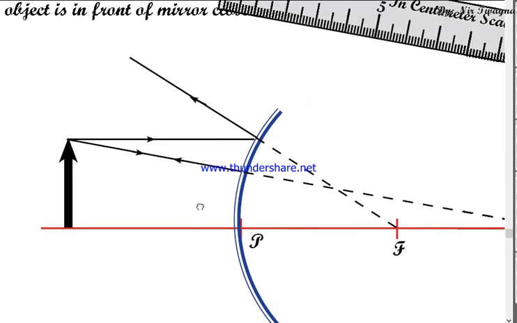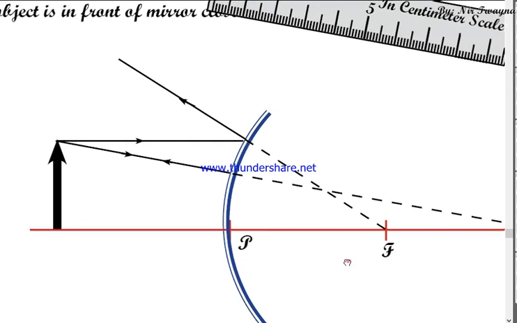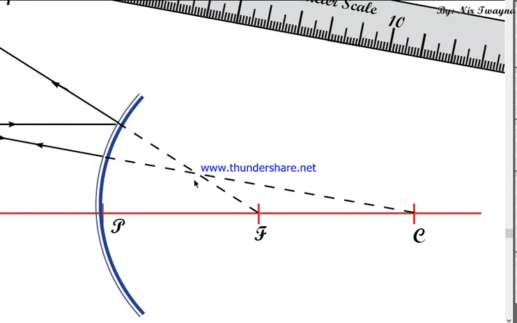See, this is the reflection pattern. The first light ray is reflected through this path, the second light ray is reflected through this path. Now these two reflected light rays are divergent, isn't it? They are divergent means they will never meet each other. However, if you backtrace them, they appear to meet at this point.